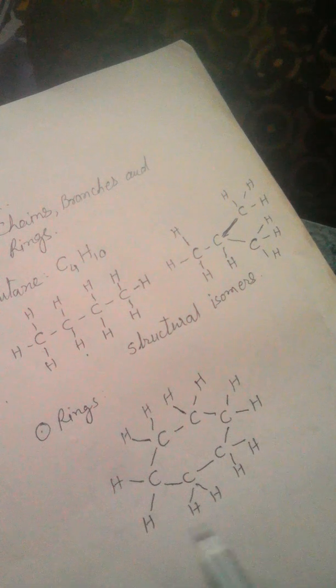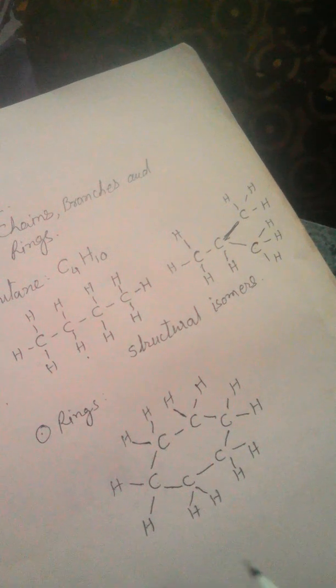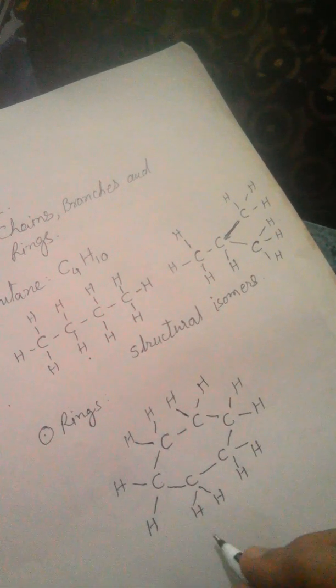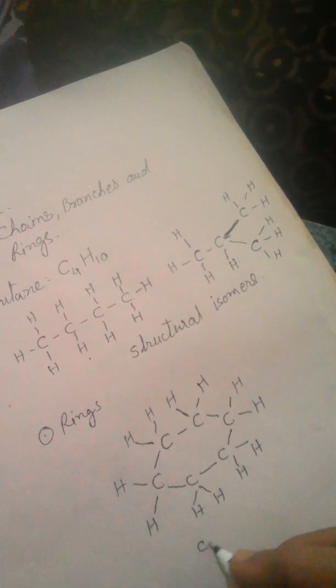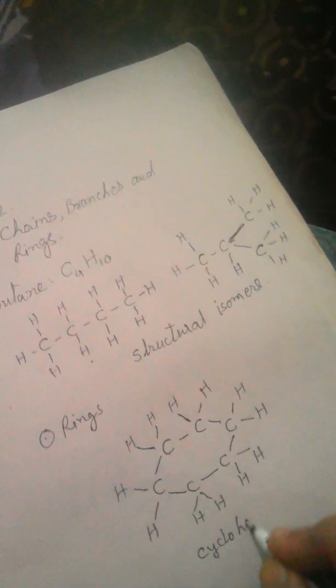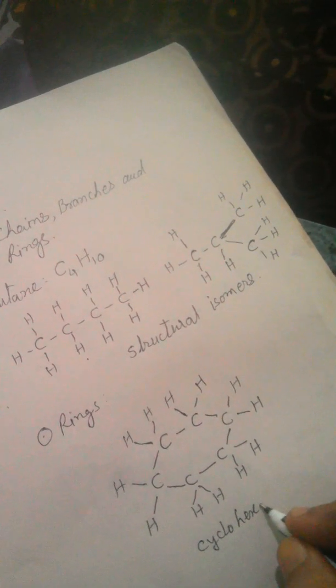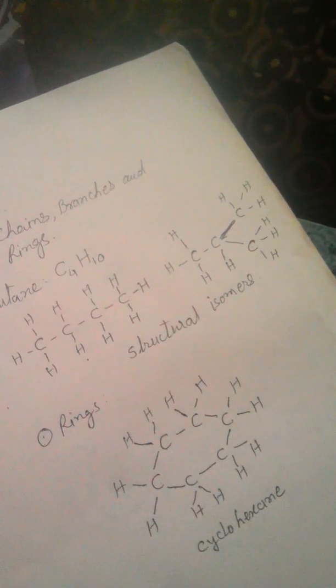So 6 carbon atoms and 12 hydrogen atoms form a cyclic structure. This structure is called cyclohexane.